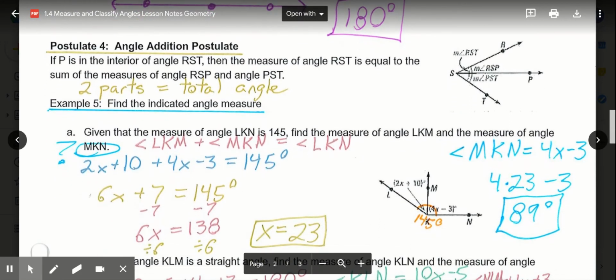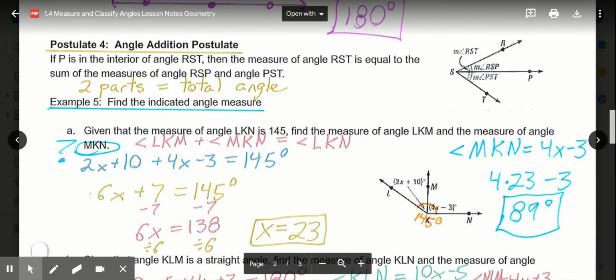Another postulate is the angle addition postulate. The angle addition postulate reads, if P is in the interior of the angle RST, then the measure of angle RST is equal to the sum of the measures of angles RSP and PST. So if we look at this diagram over here on the right, angle RST is the big angle, P is in between R and T, so it's in the interior of that angle.